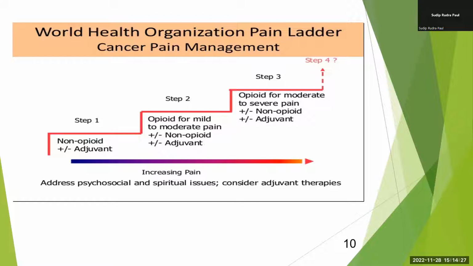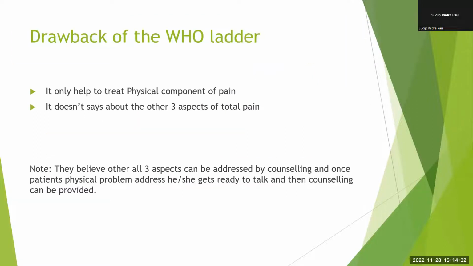Now today we will discuss step 1 and step 2, and step 3 we will discuss in the next class. Before going to that, there are a few drawbacks of the WHO analgesic ladder. It only helps to treat the physical component of pain.